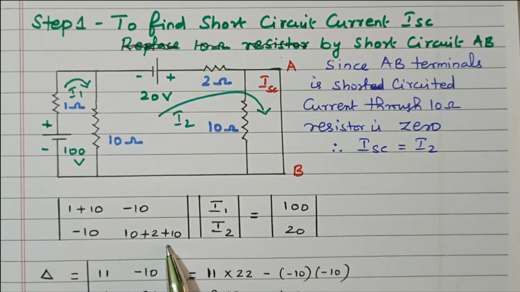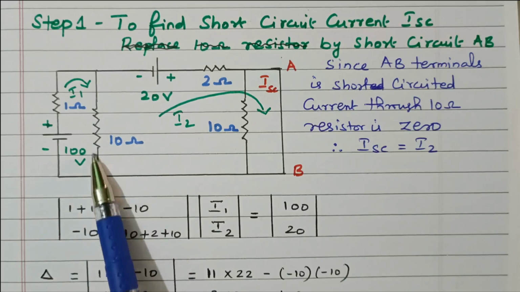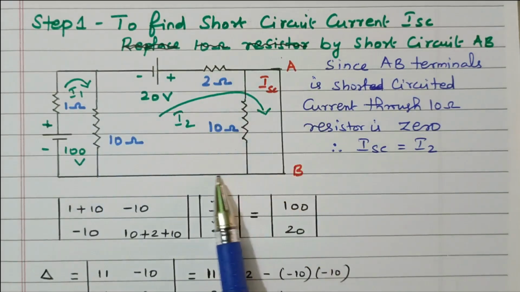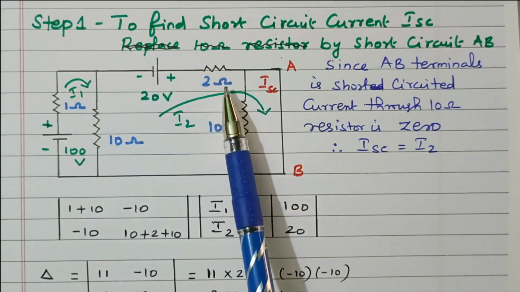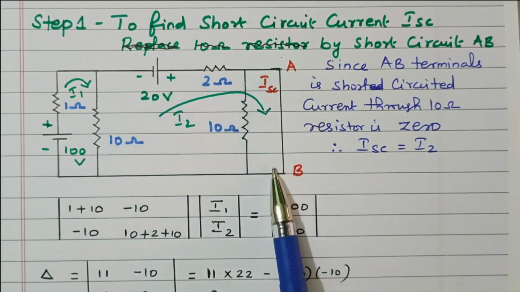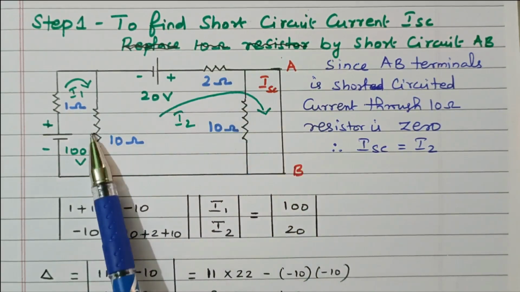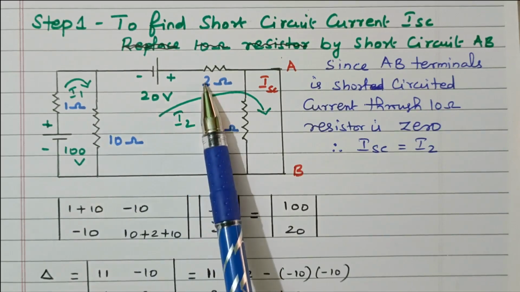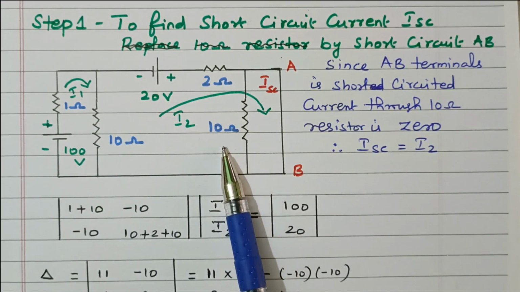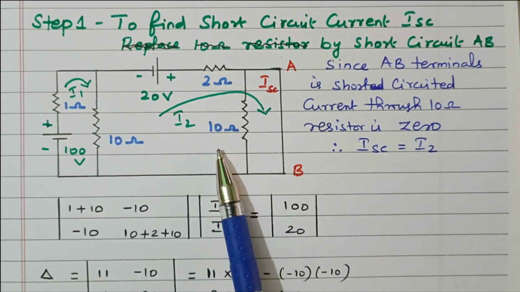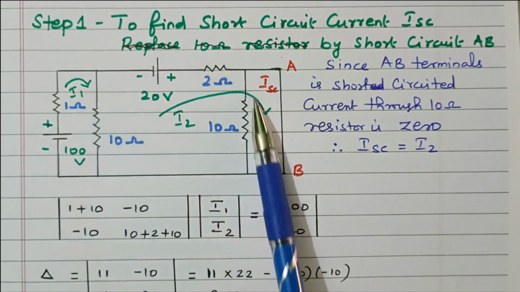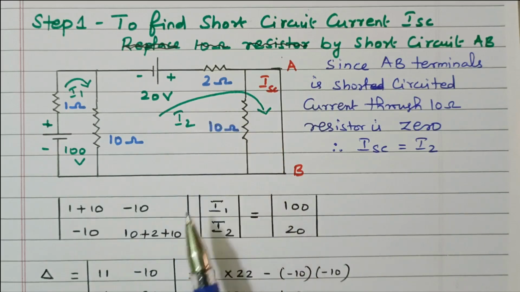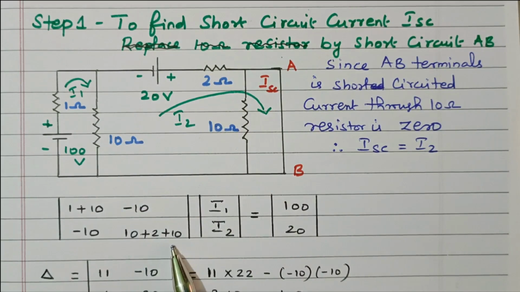Then R22 is the total resistance in the second loop. This is the second loop; the resistances available are this 10 ohm, 2 ohm, and another 10 ohm. So R22 is 10 plus 2 plus 10.